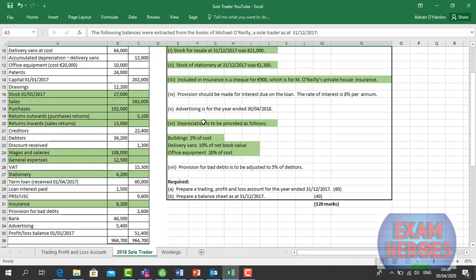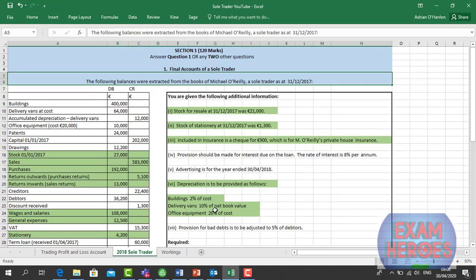So just to make this clear, I'm paying advertising for 1 year, for 12 months, but the problem is that the account and the payment is being carried into 2018. In your trading profit and loss, it's only concerned with 2017. So for January, February, March and April of 2018, I need to extract those out of the charge, and only include May, June, July, August, September, October, November, December of 2017.